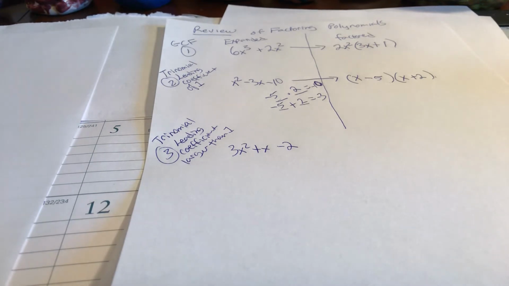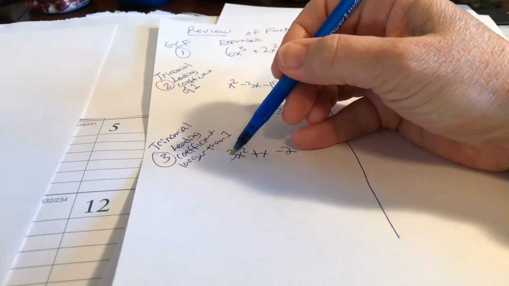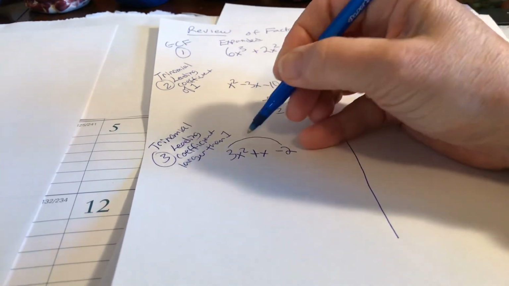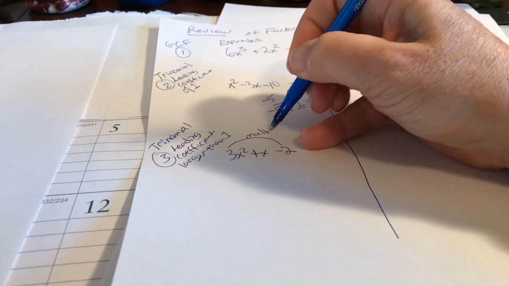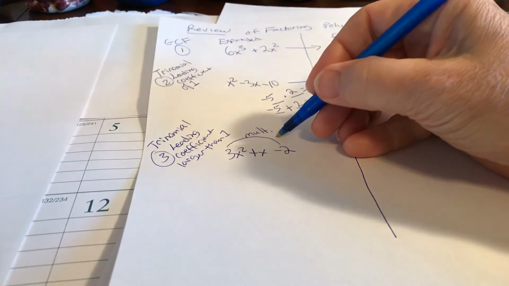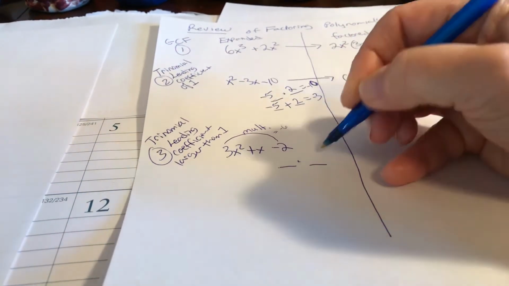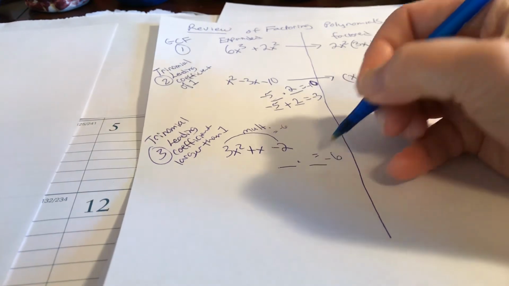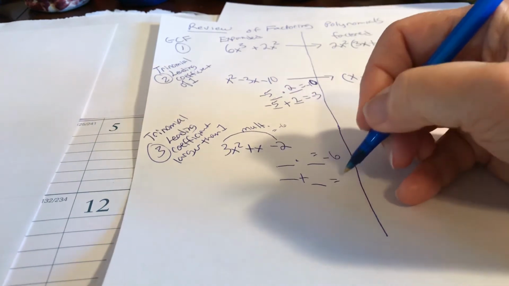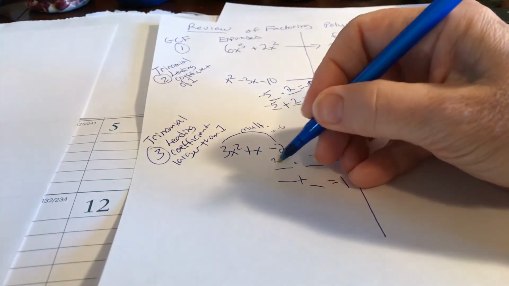This one is a little trickier. When you have a leading coefficient that's larger than 1, you need to multiply it by the last term, which those equal -6, right? So you need to find two numbers that multiply together to make a -6, and that add together to the middle, in this case, 1. So your numbers should be 3 and -2.